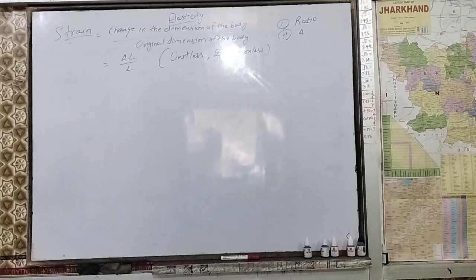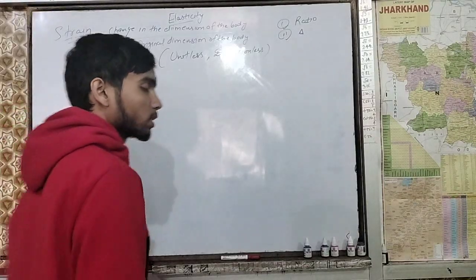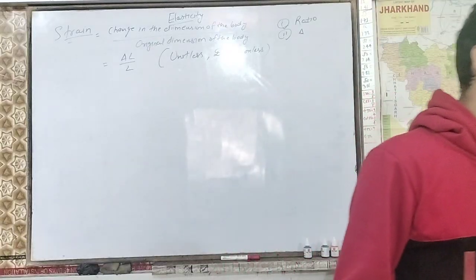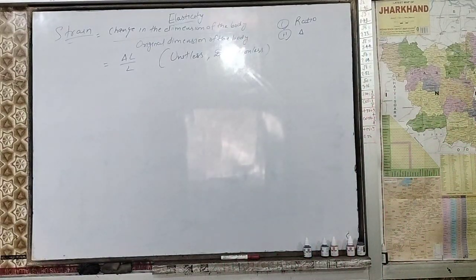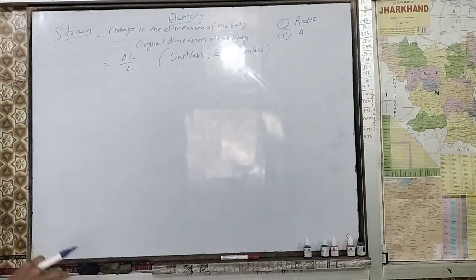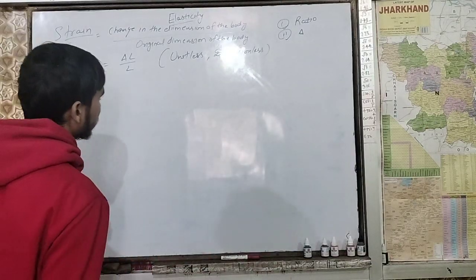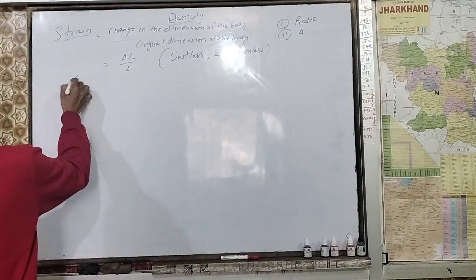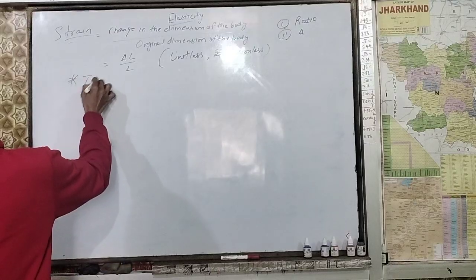Now there are three types of strain. This is enough definition for strain. It only provides change in length upon L. It does not have a unit and dimension. So, types of strain.